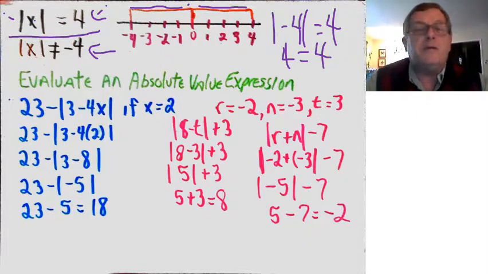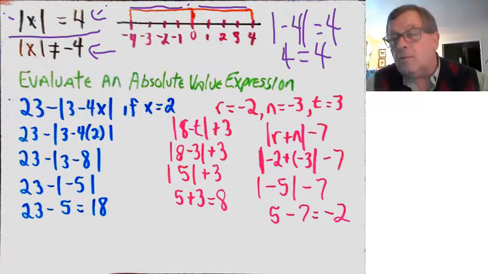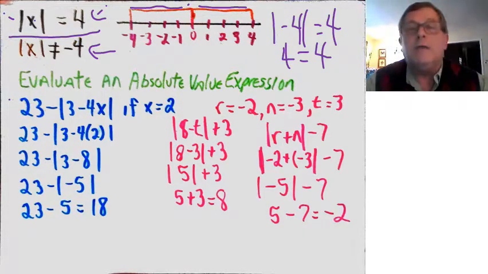When we're evaluating an absolute value expression, they're going to give us a value for the variable. When we get into solving absolute value equations, that's going to be a bit different, but right now we're just evaluating an absolute value expression. Since x is equal to 2, we substitute 2 in for x.